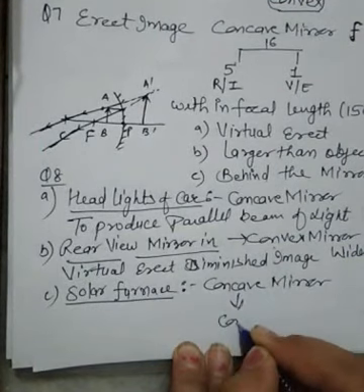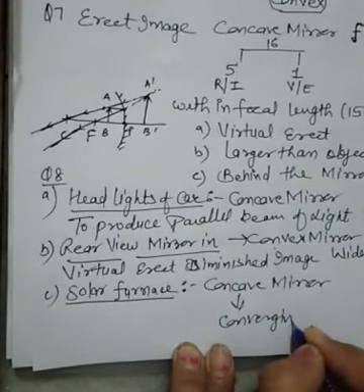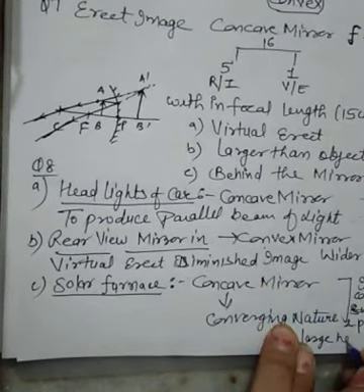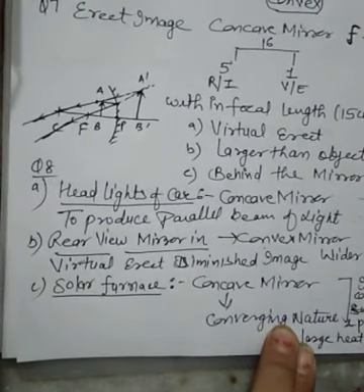Because its nature is converging. Converging nature means it will concentrate all the sun rays and produce large heat and large temperature.